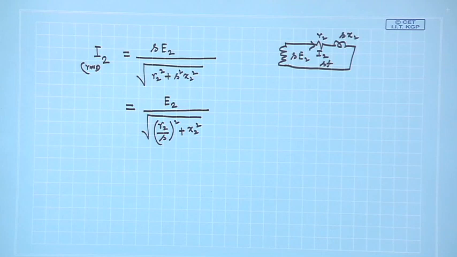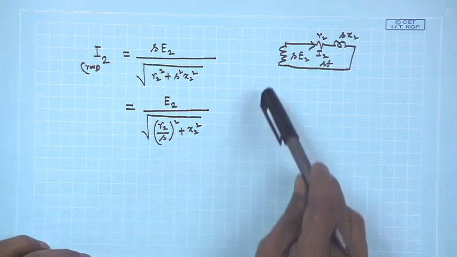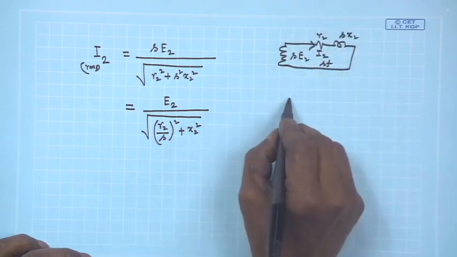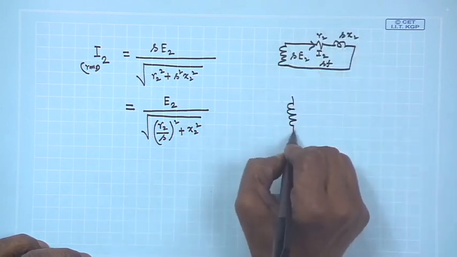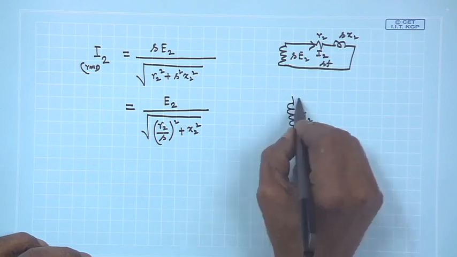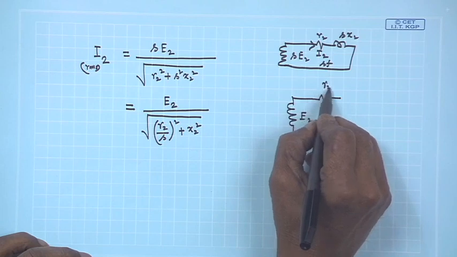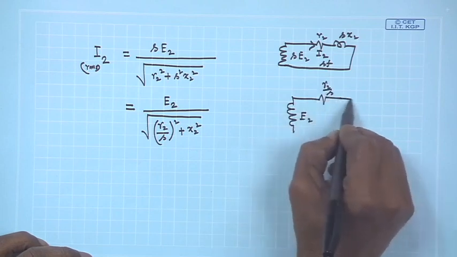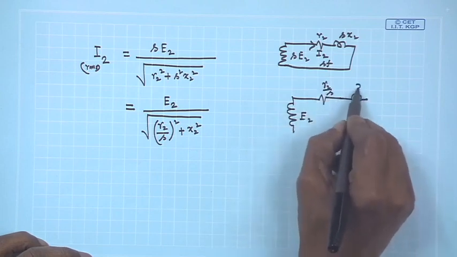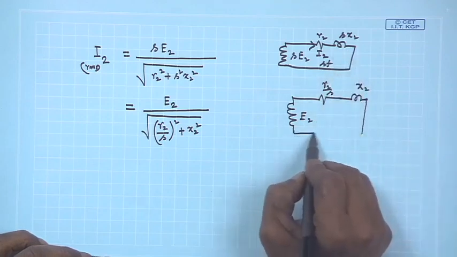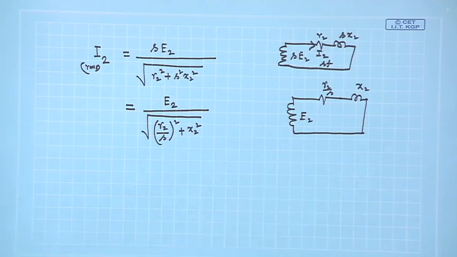I am trying to draw this circuit like this: there is E 2, and this resistance divided by S is R 2 by S, and this reactance divided by S gives X 2, and you close this.